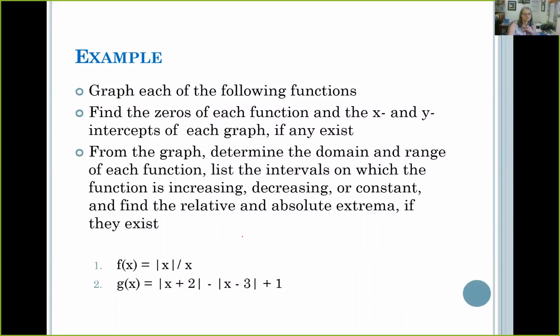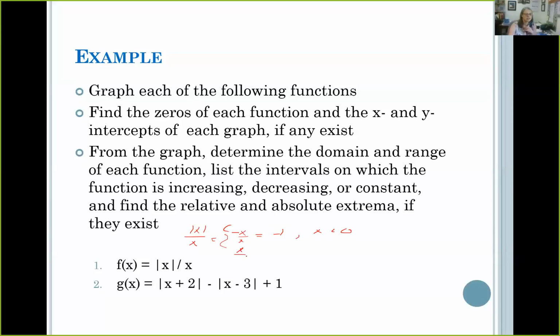So think about this in terms of two cases. If x is less than 0, what is the absolute value of x? It's -x, right? Which is just -1 if x is less than 0. What if x is positive?